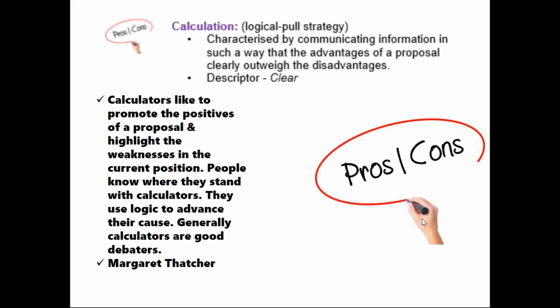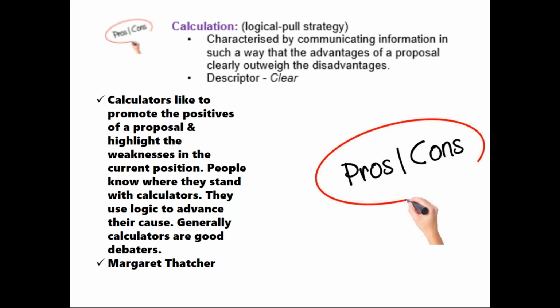So it's like the carrot and the stick, and it can be very, very powerful, and very useful in terms of being able to persuade us to do something. And so retailers use it extensively. People kind of know where they stand with calculators. In fact, think about a teacher that you respected at school.